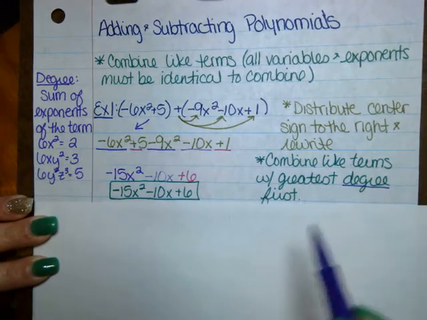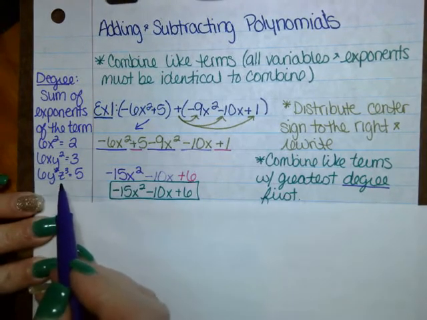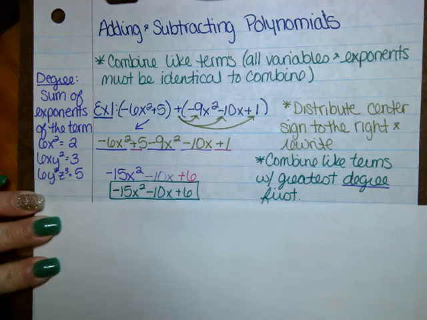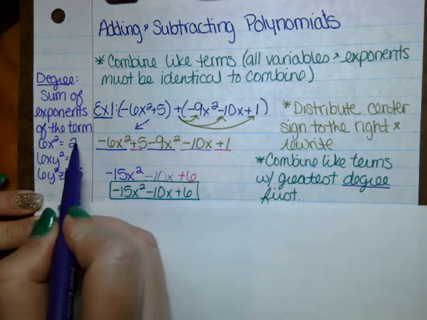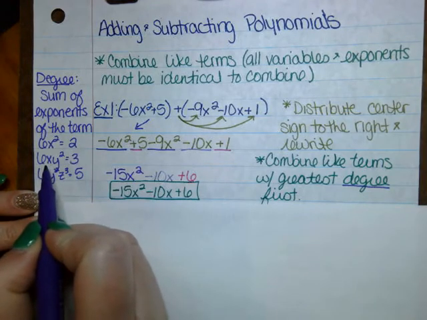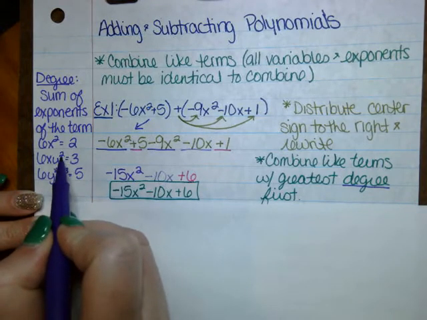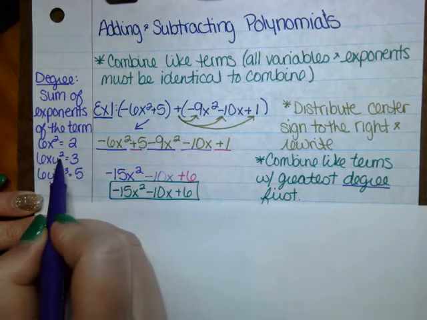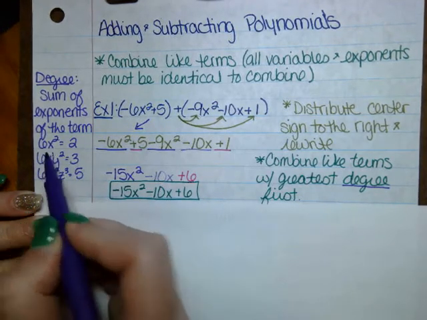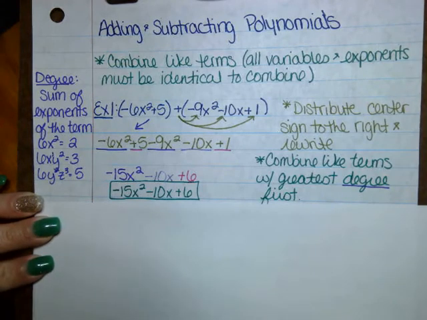When you rewrite your final answer, in this case nothing changes, however, you should rewrite it with the greatest degree first. If you look over here on my notes, a degree is the sum of exponents of the terms. So if I was looking at, for example, 6x squared, the sum of the exponents is just a 2. If I looked at 6xy squared, this degree is going to be a 3 because I have a 2 on this y and an understood 1 on that x.